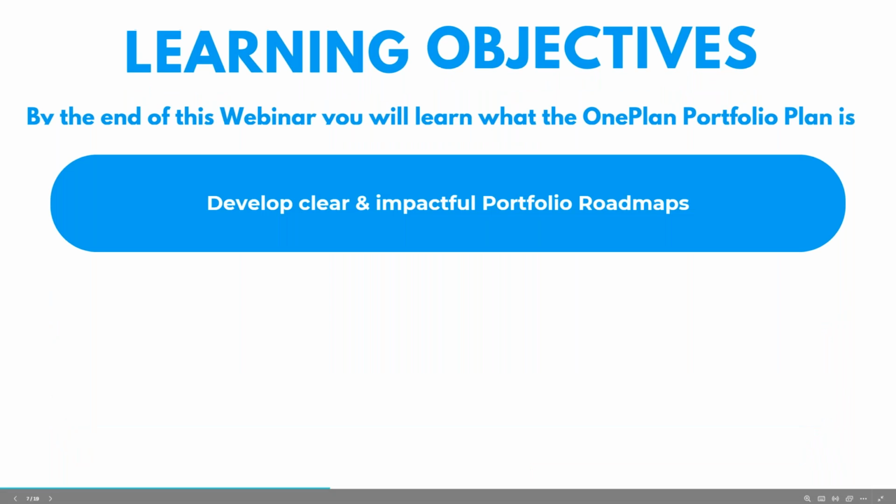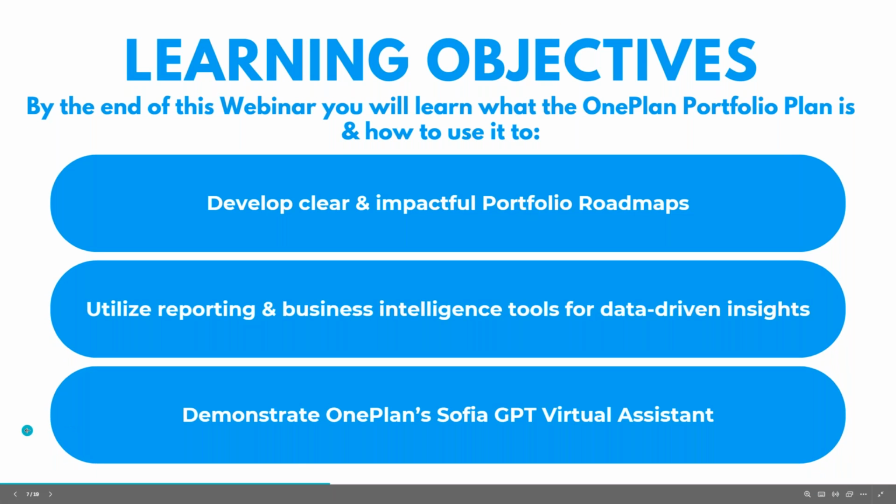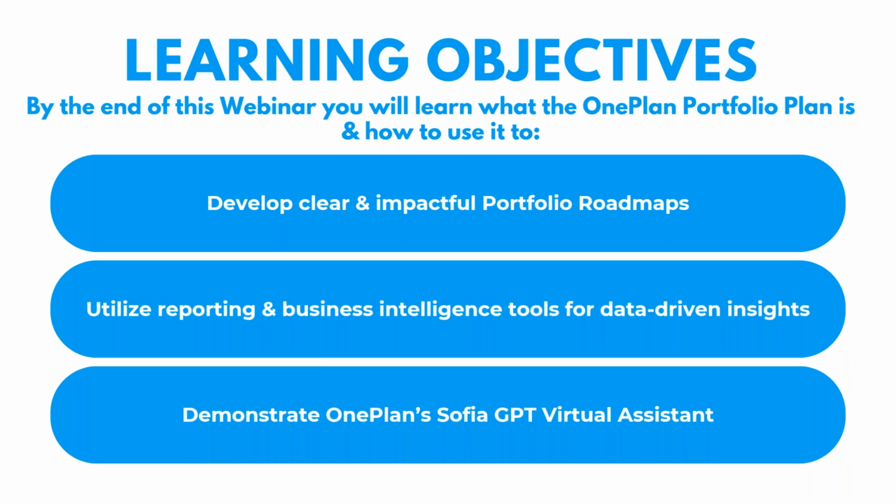And then finally, we're going to talk through how you can use the portfolio plan to develop clear and impactful portfolio roadmaps, how you can utilize reporting and business intelligence tools for data-driven insights. And then finally, we're going to spend a little bit of time demonstrating how you can harness the power of AI with the OnePlan Sofia GPT virtual assistant to assist you as you go through the process of your portfolio planning.